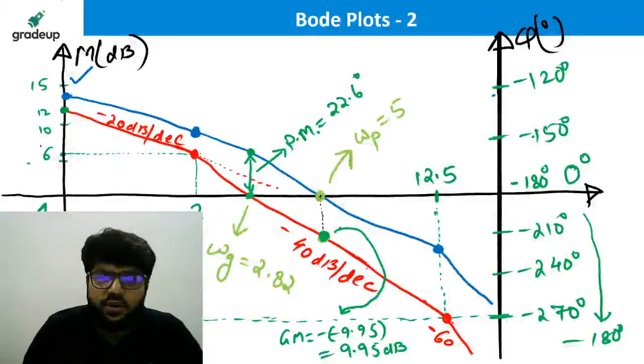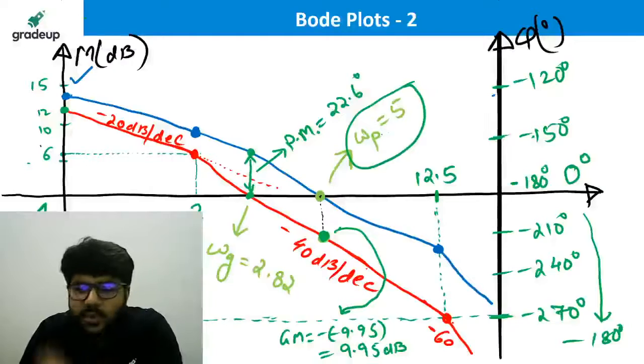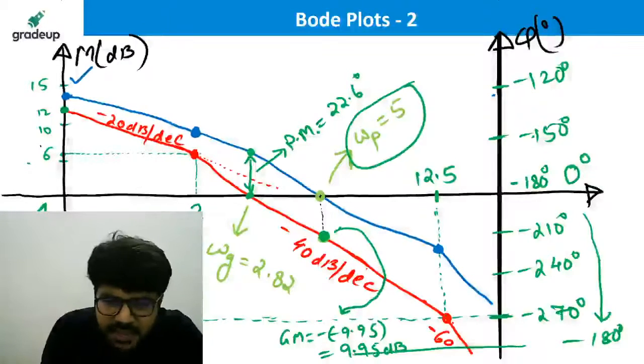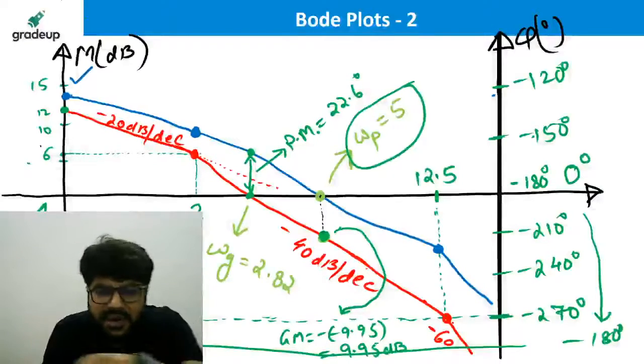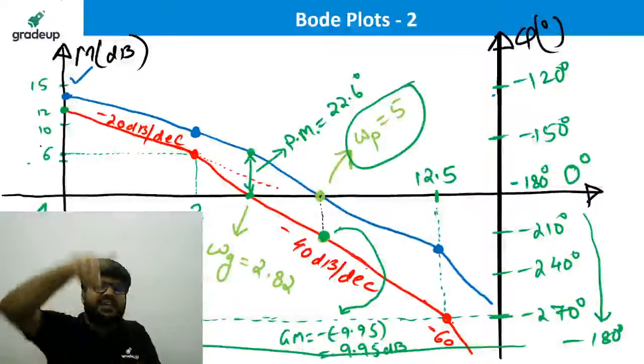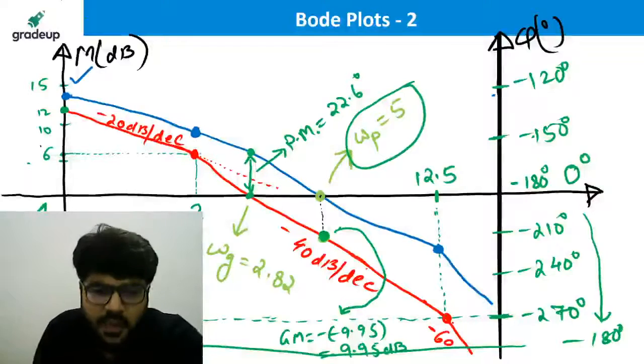Now you are interested in calculating omega p. Omega p is the frequency at which the phase is minus 180. So you will see where the phase plot cuts this axis. You would have to look at values on two different axes: omega g on the x-axis, and omega p on some other axis.